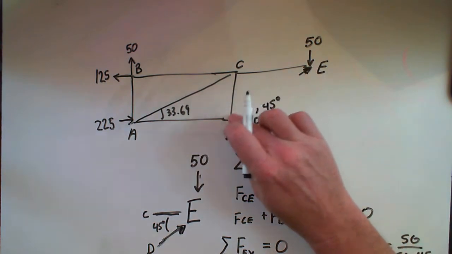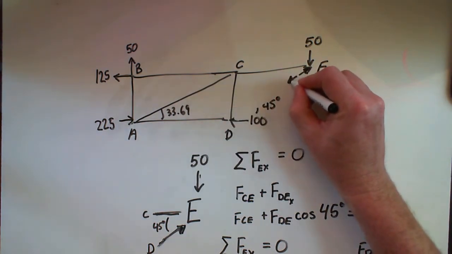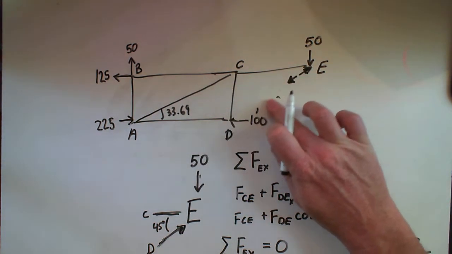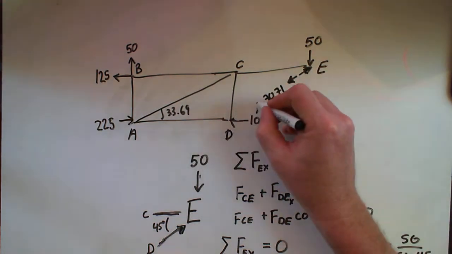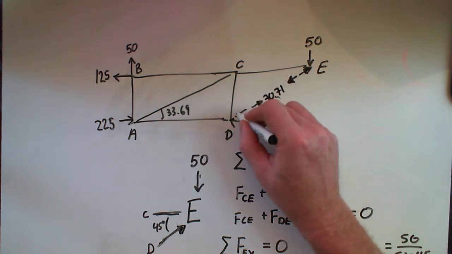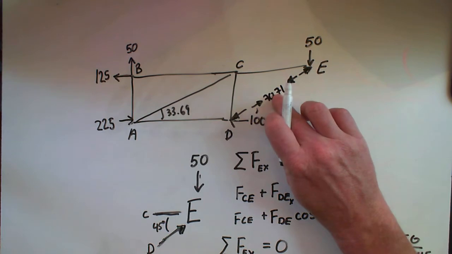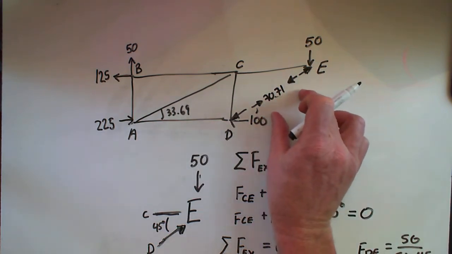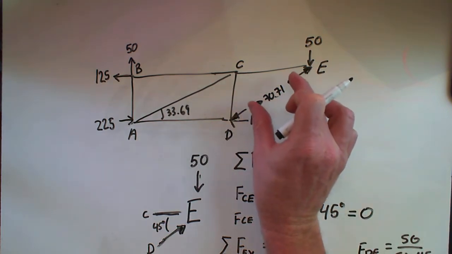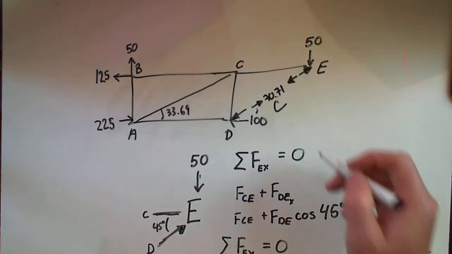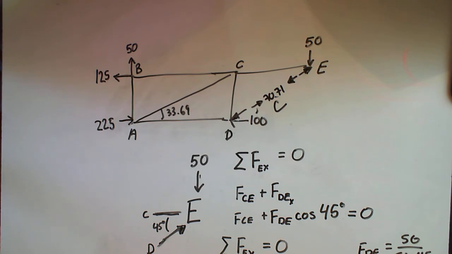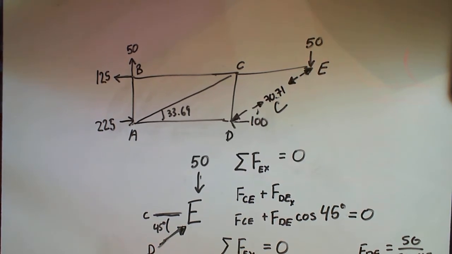Then we know that we always have the opposite arrow going into the member. And that's where that 70.71 comes from. And then that's going to push in because that's opposite that arrow. And then that's going to push out that way. And because the two arrows in the member are facing towards each other, that is a push in, and that is compression. So we now know that the overall force that C is under is 70.71.